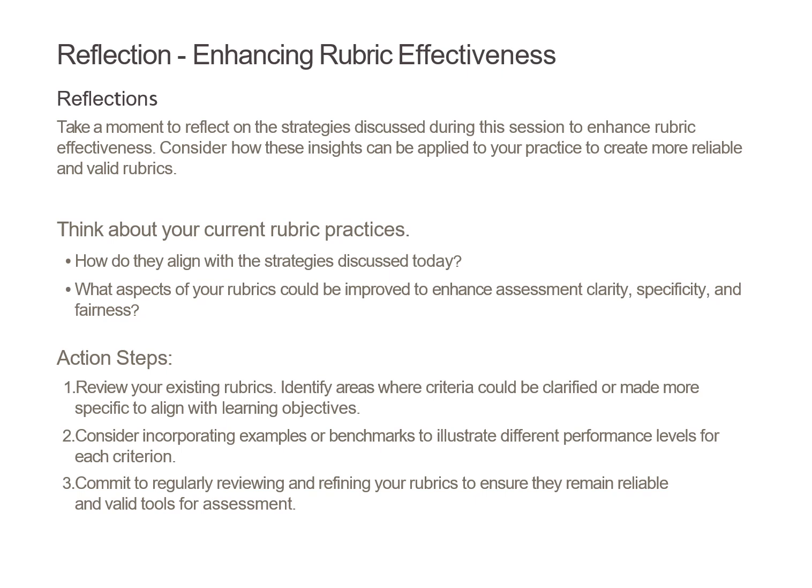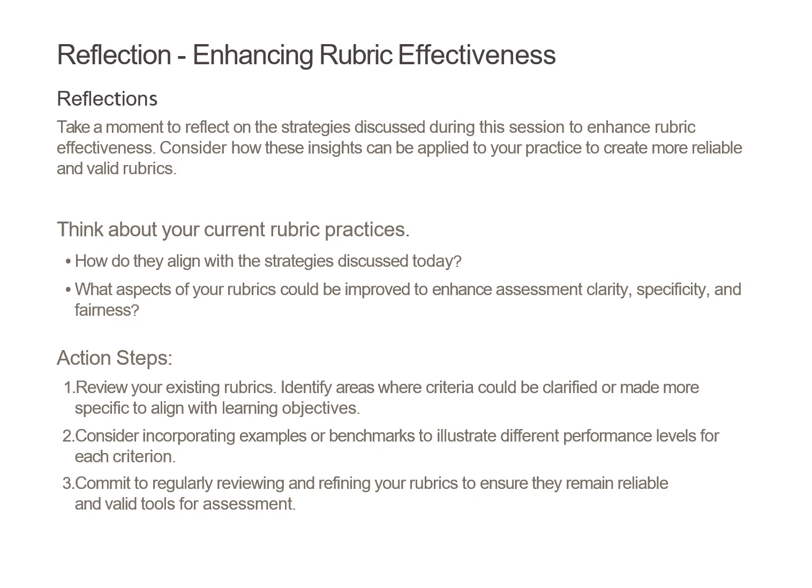As you reflect, consider the following action steps. Review your existing rubrics. Identify areas where criteria could be clarified or made more specific to align with learning objectives. Consider incorporating examples or benchmarks to illustrate different performance levels for each criterion.